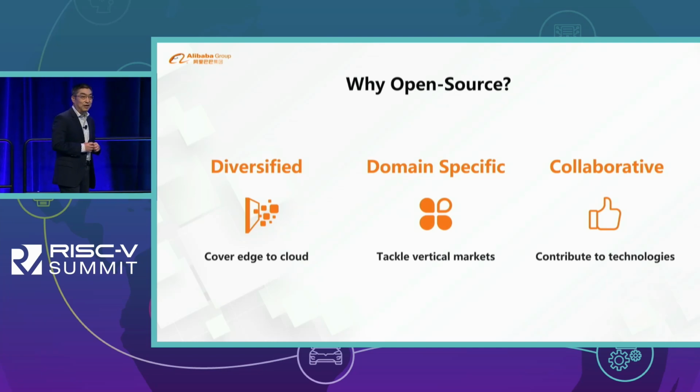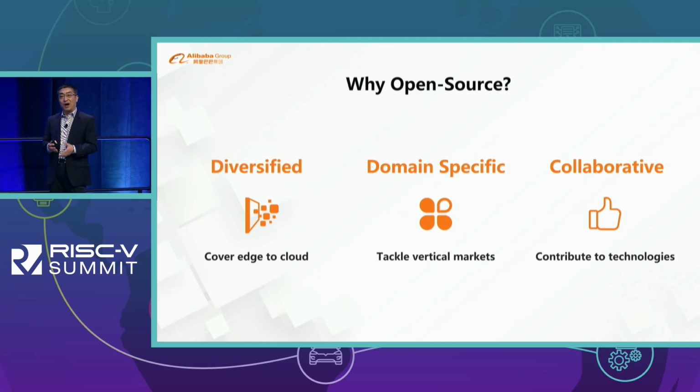The second thing is we need to have customized solutions. We need to have our ownership of the architectures, of the computers, and also the software. So it's a vertical market that we are talking about.